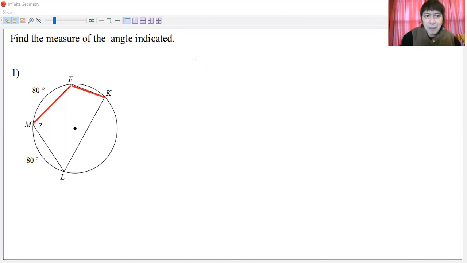You will notice the vertex at point F and the chords FK and FM. So this is an inscribed angle. Another one is MF, involving MF chord and ML chord. And this is the unknown inscribed angle.